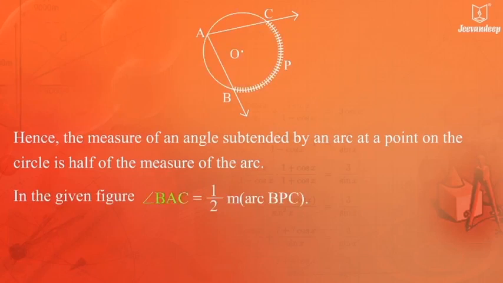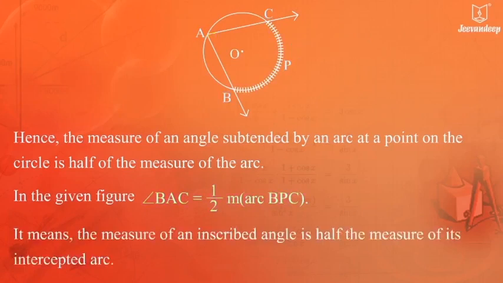In the given figure, angle BAC equals half the measure of arc BPC. It means the measure of an inscribed angle is half the measure of its intercepted arc.